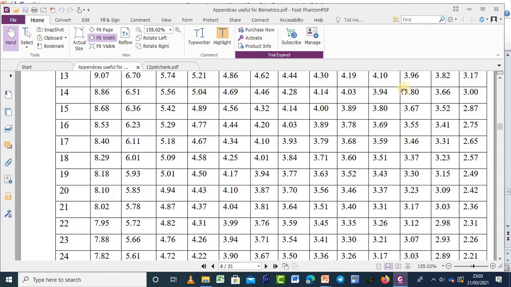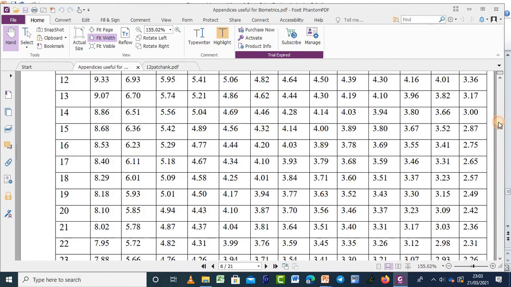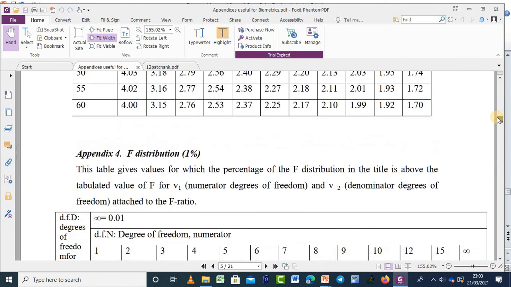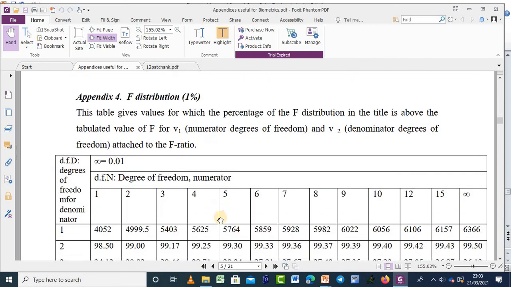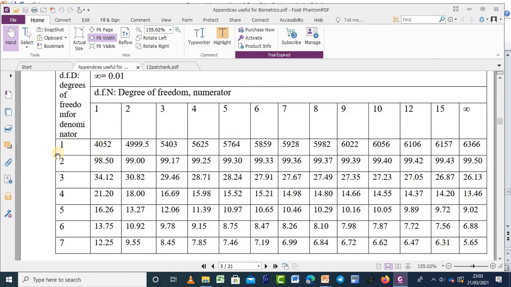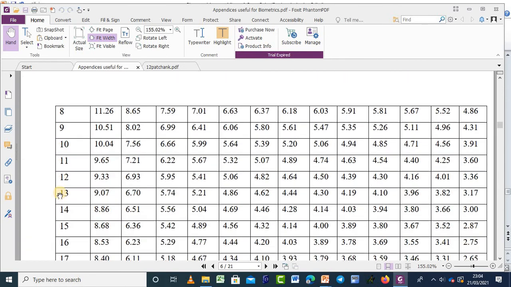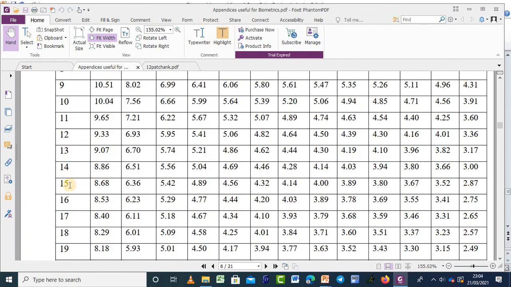First, we have to go at 1%. So it is the first, the 1% level. Therefore, vertically 15 and horizontally 3. So this is the treatment degree of freedom here, 3, and downward is the error degree of freedom, so 15.